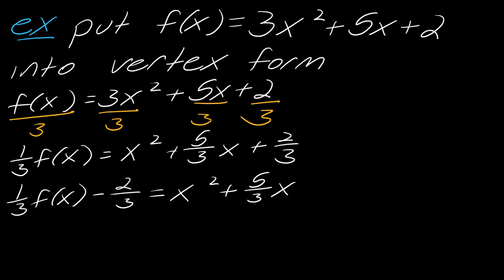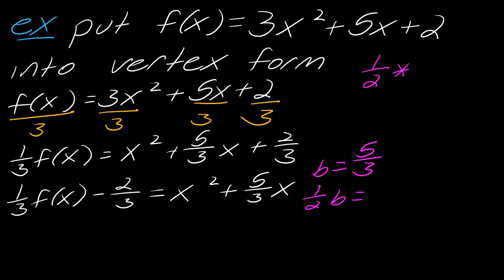Now I can go through the steps to complete the square. My b in this case, I look for the x and whatever is attached to it. In this case, that would be 5/3. So we've got 5/3, and then what is my half b? If you're having trouble figuring out what half b would be because you have a fraction, then just do the multiplication somewhere on the side.